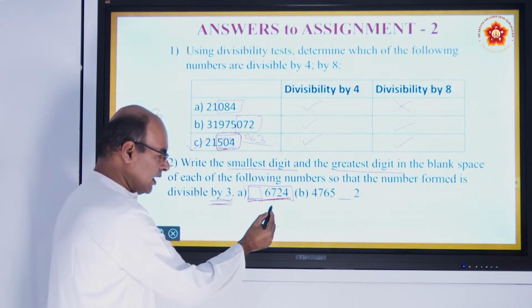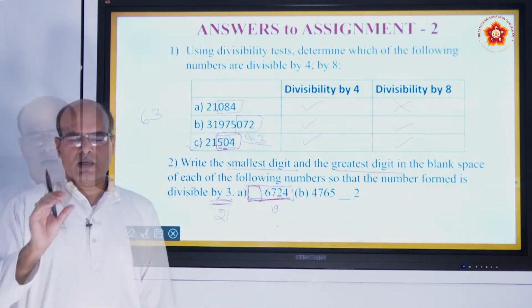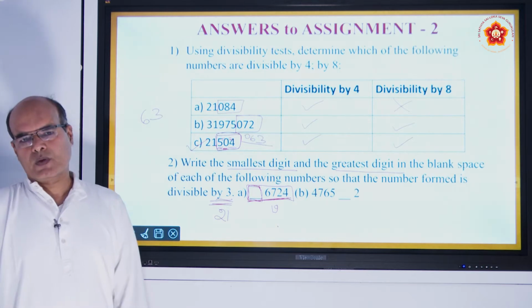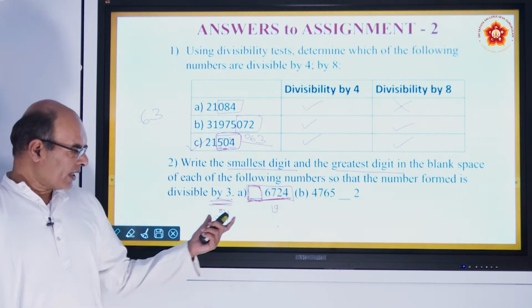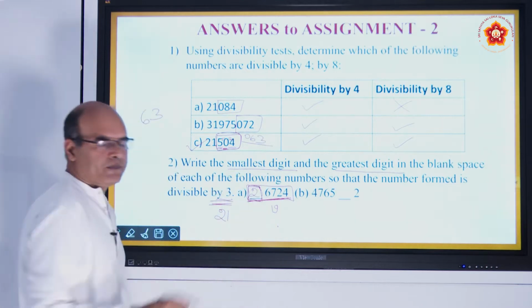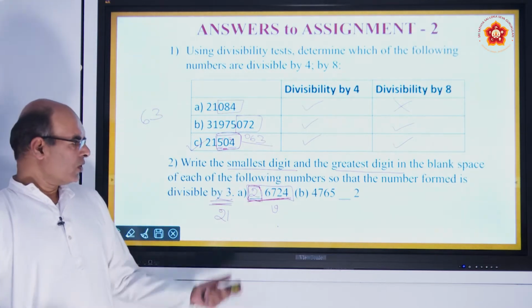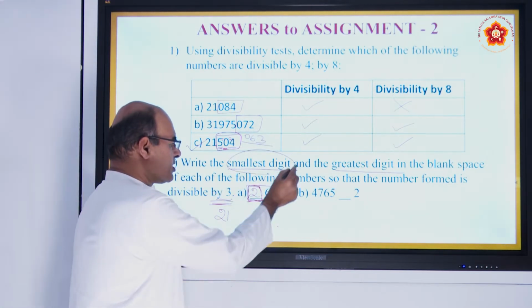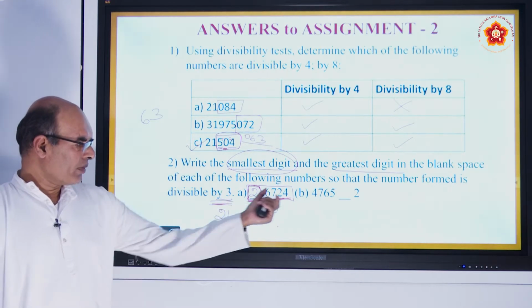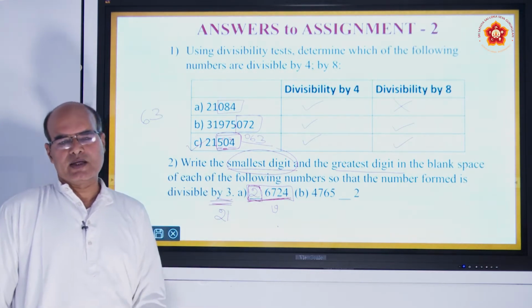The sum so far is 19. The number greater than 19 which comes in the third table is 21. To get the sum of digits as 21, we need 2 here. Therefore 2 is the smallest digit that can be placed here to make this number divisible by 3.